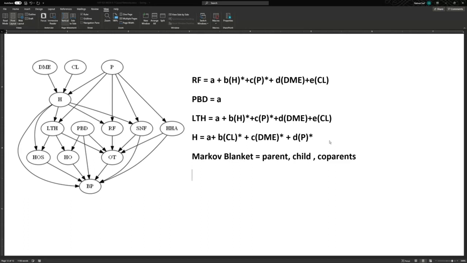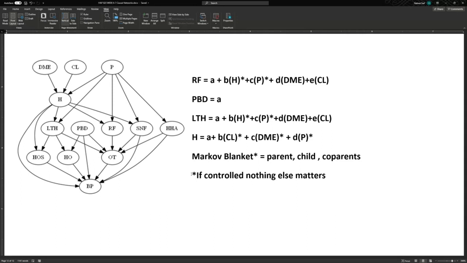So in this case, if we control all the parents, all the children, and all the co-parents of H, nothing else matters. So for example, here OT is a co-parent, and in fact the entire network, PBD is a co-parent.